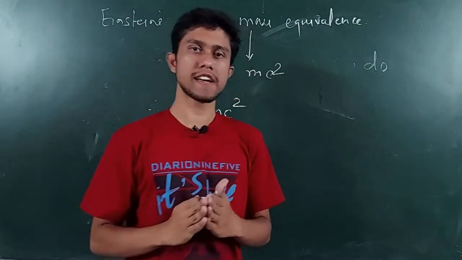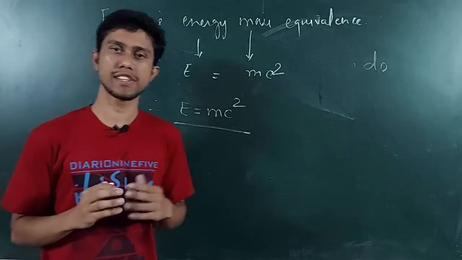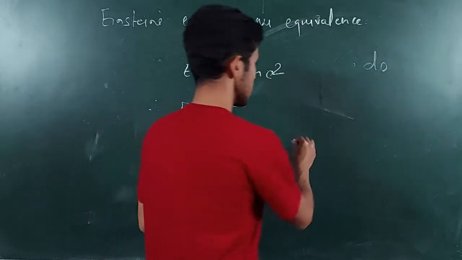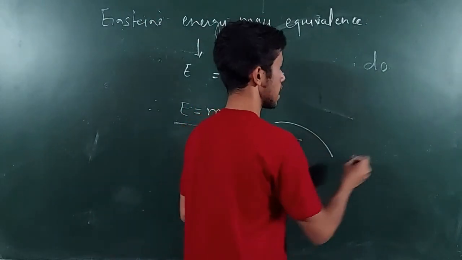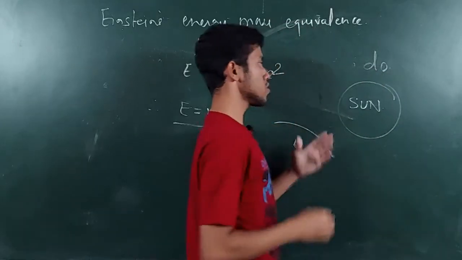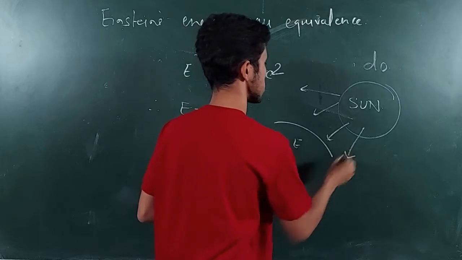Means I can say that mass can be converted into energy as well as the energy can be converted into mass. Like this is earth, and this is sun. So rays from the sun are falling on the earth.